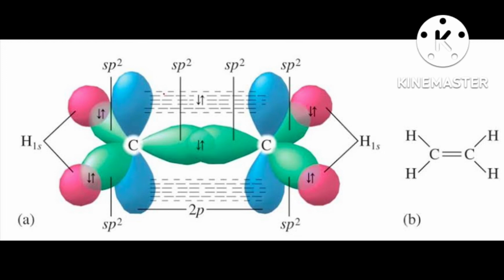Penetrate means they will come very close; that is called interpenetration. This partial merging of atomic orbitals is called overlapping of atomic orbitals, which results in the pairing of electrons. Single electrons will pair up.